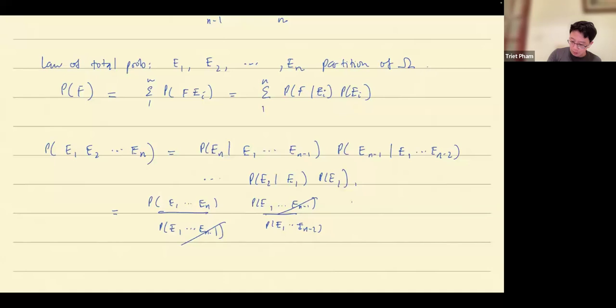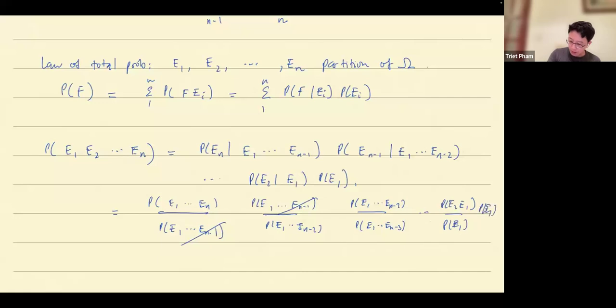The next term will be up to En minus 2, and then up to En minus 3, because the next term would be En minus 2 conditioned on everything up to En minus 3. And so those cancel, and so on and so forth. You see things will keep canceling until we get P of E2 given E1 over P of E1, times P of E1 like that.